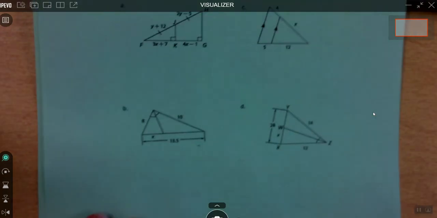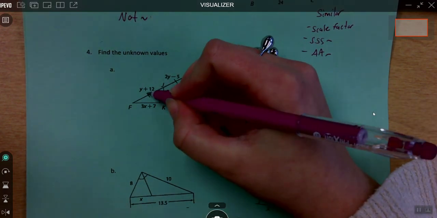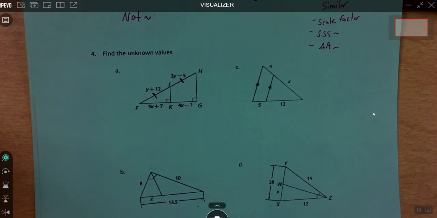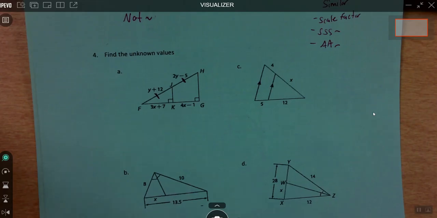Okay. Moving it down. A lot of people were a little tripped up on 4A. You might have forgotten or didn't see these. You got little marks right here. What do these tell us? Yep, congruent. So what theorem pops into your head? Congruent sides. I want you to look back in your notes. What theorem are we talking about right now?